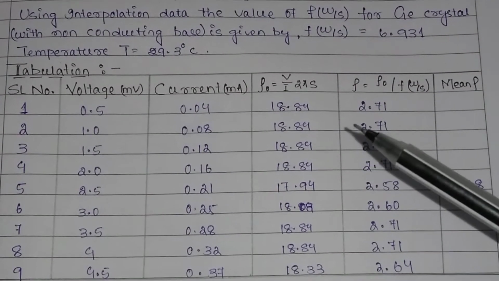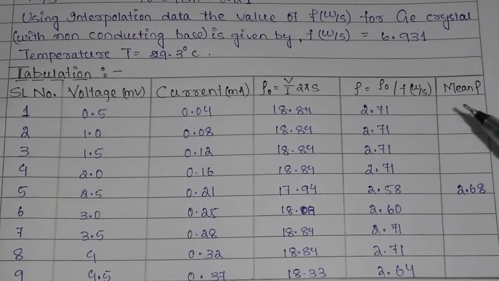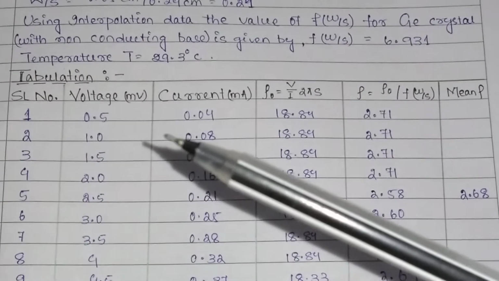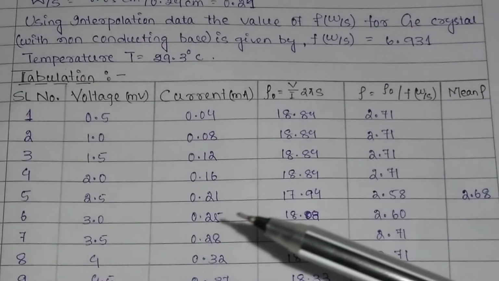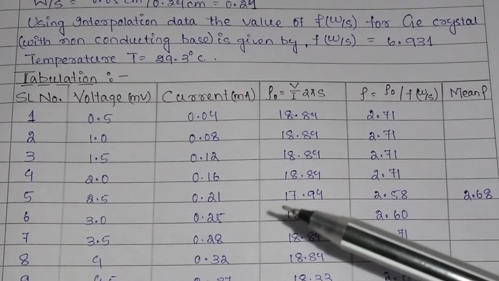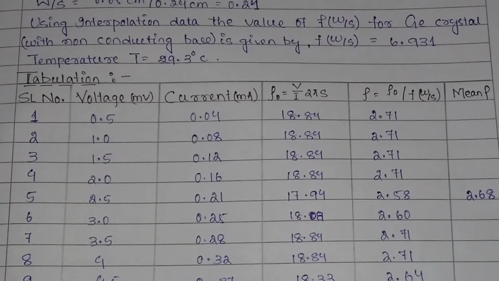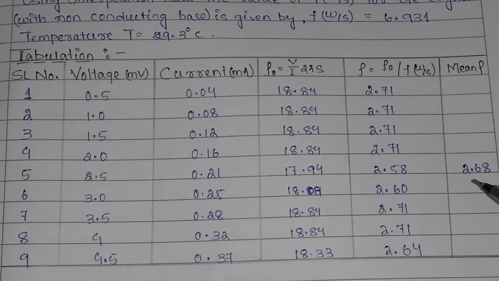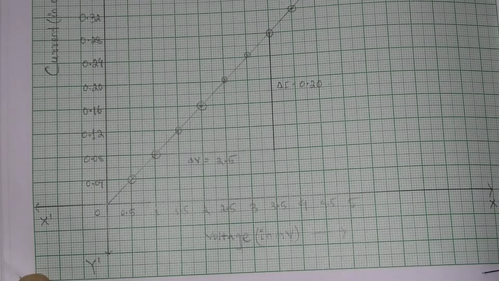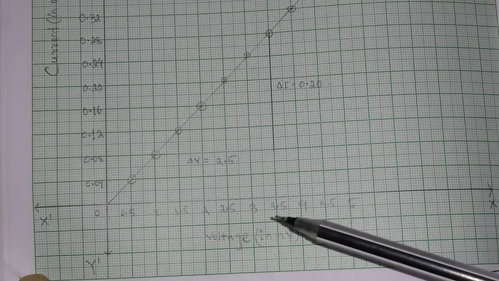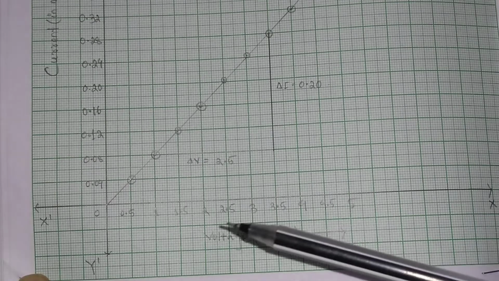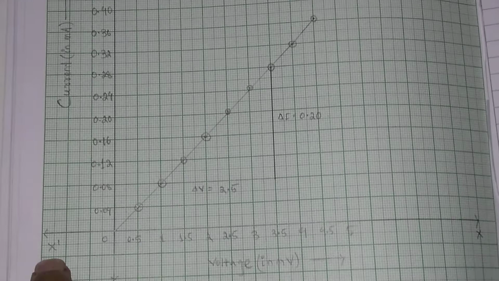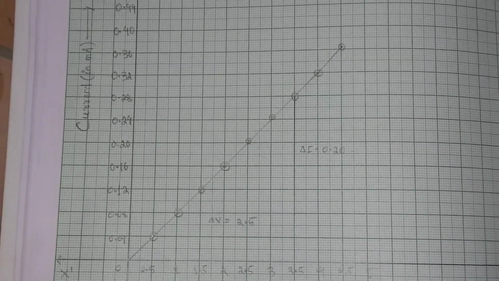Another method to calculate rho is from the graph. You have to plot a graph taking voltage along the x-axis and current along the y-axis, and the graph will be a linear one, and from the slope of the graph you can calculate the mean rho. You see that I have taken voltage in millivolt along the x-axis, and current in milliampere along the y-axis.